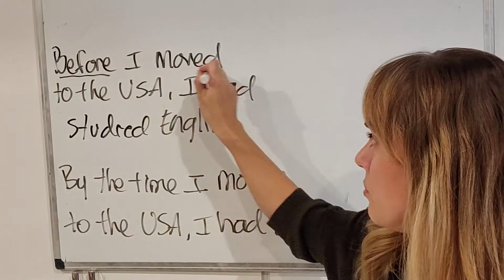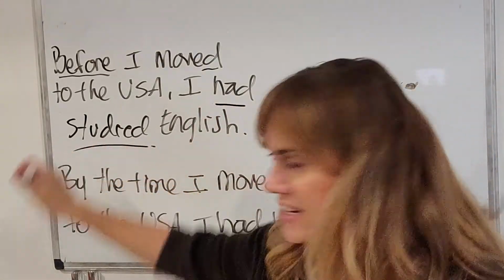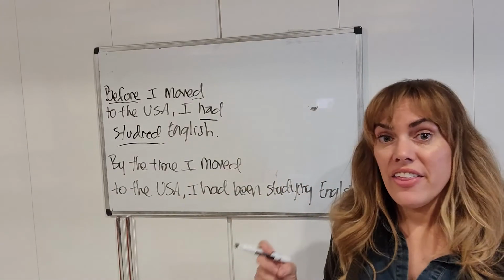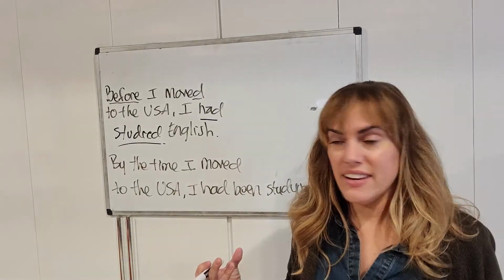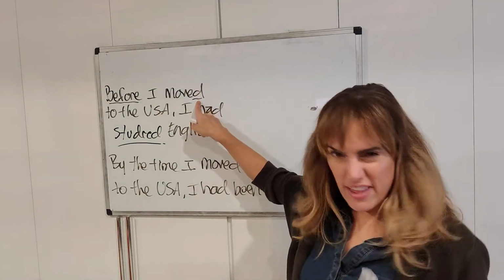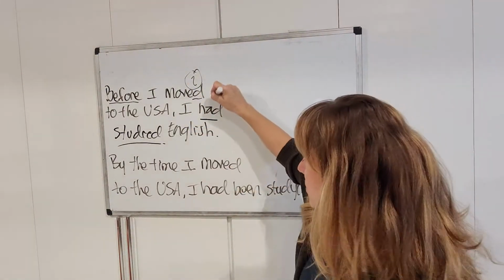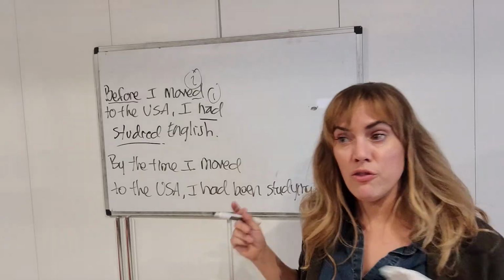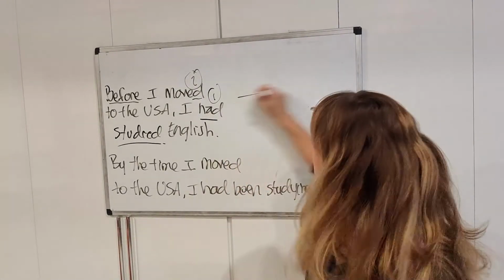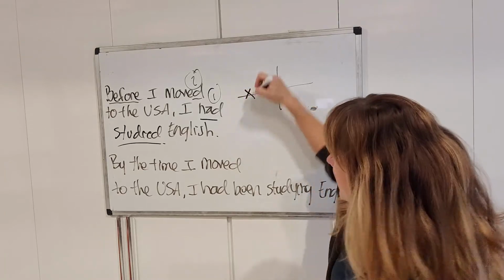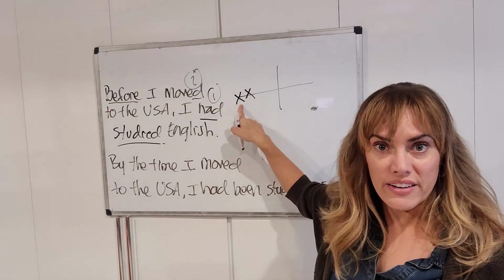Before I moved to the United States, I had studied English. This word before really helps us understand that this thing was second and that this thing was first. Before I did this thing, I had already done that thing.